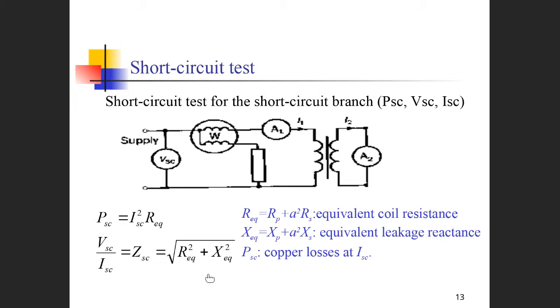Combining the open circuit and short circuit tests, one can estimate the transformer's efficiency at different loading levels: full load, half load, and around 20% of full load. Meanwhile, since you have the internal impedance of the transformer, you can furthermore estimate the transformer's voltage regulation, and so on.